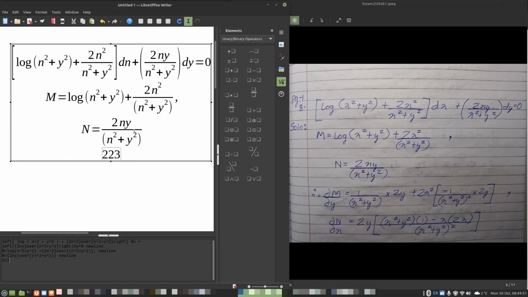Alright, 2, 2, 3, 4, Alt X, therefore dm over dy. What happened to my therefore? 2, 2, 3, 4, Alt X. Oh, it's highlighting it. 2, 2, 3, 4, Alt X. There.